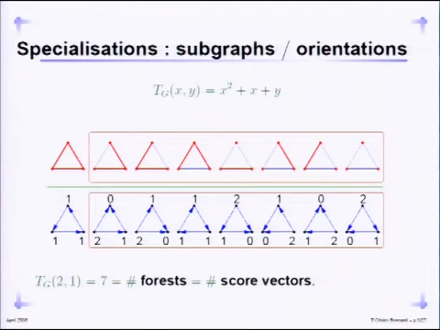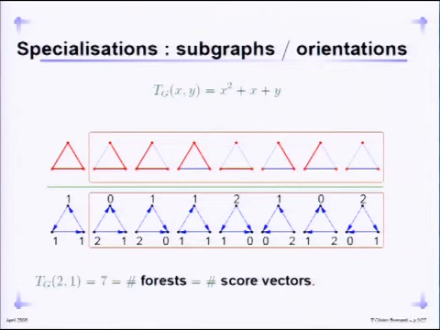I've indicated the score vectors of each of the orientations here. And given the graph, you might wonder which functions correspond to the score vector of an orientation. The number of such functions is an evaluation of the Tutte polynomial, this evaluation.